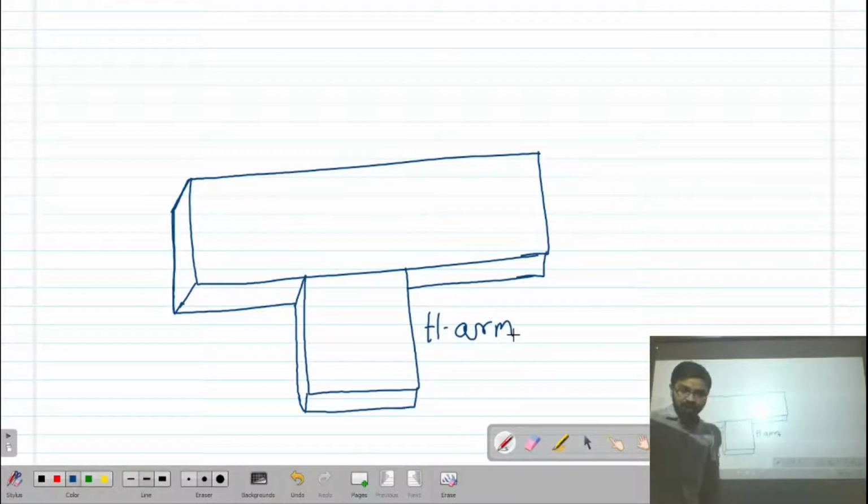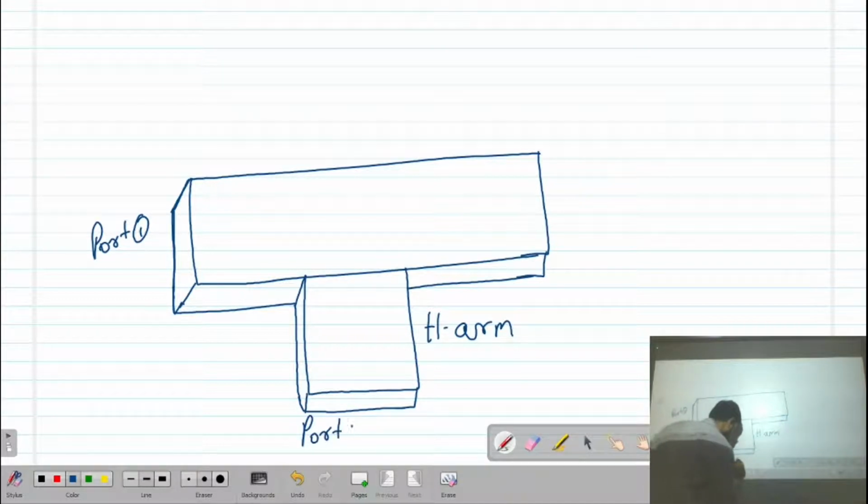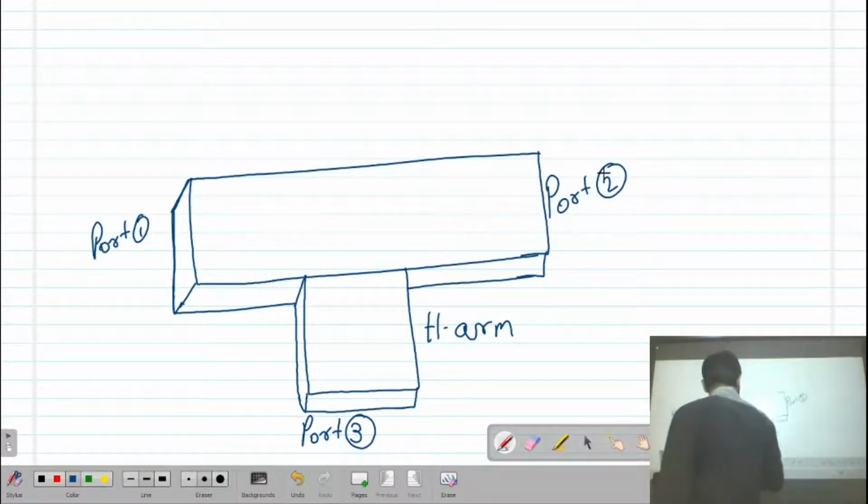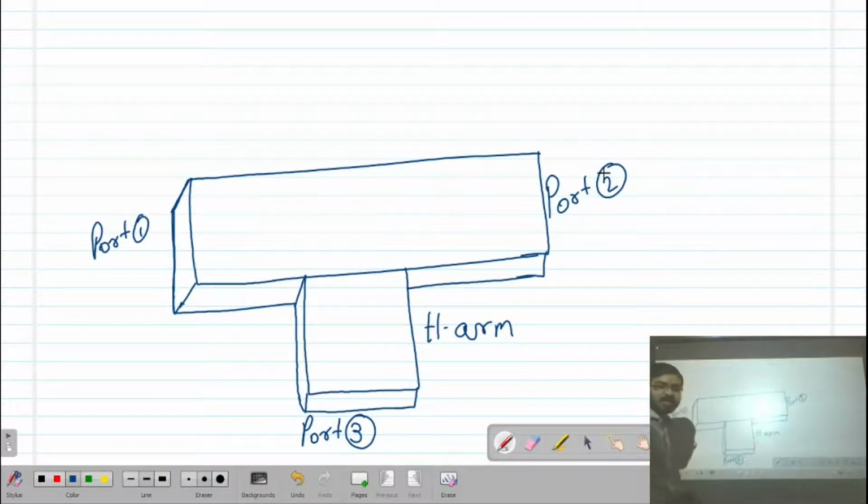This is port 1, this is port 3, and this one is port 2. This is the H plane T junction.